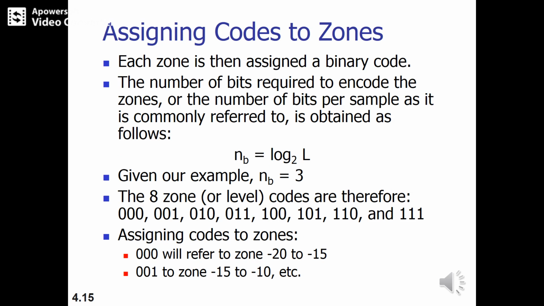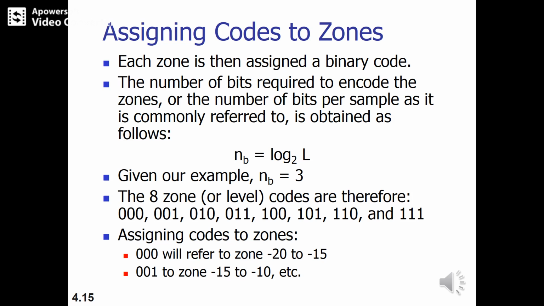Assigning codes to the zones. The next step is to assign codes to each individual zone. That means each zone is assigned a binary code. The number of bits required to encode the zone, or number of bits per sample as it is commonly referred to, NB is equal to log 2 to the base 2 of L. For example, if NB is equal to 3, we will have 8 different zones, from 0, 0, 0, then 0, 0, 1, and so on till 1, 1, 1.